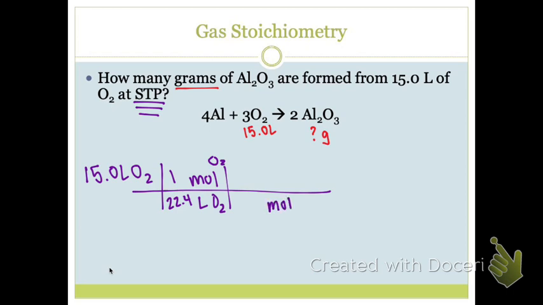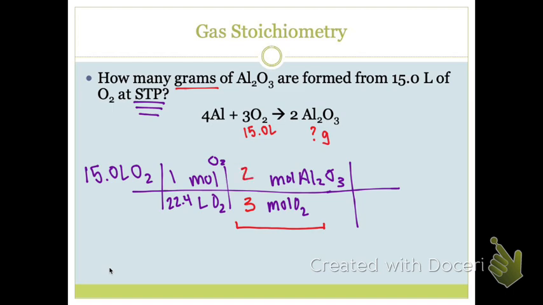So we're going to go moles of O2 to then what? Do you remember how it works here? What's this next step called? Mole ratio step. Good. So I'm going to go from moles of O2 to moles of aluminum oxide. And these numbers come directly from our balanced chemical reaction. So O2 gets a 3, and aluminum oxide gets a 2.